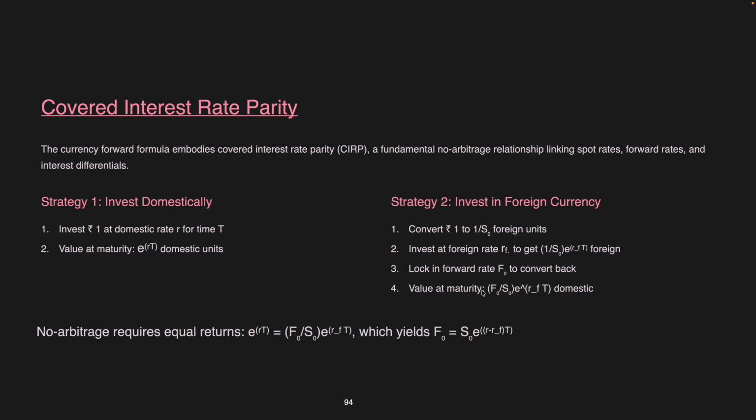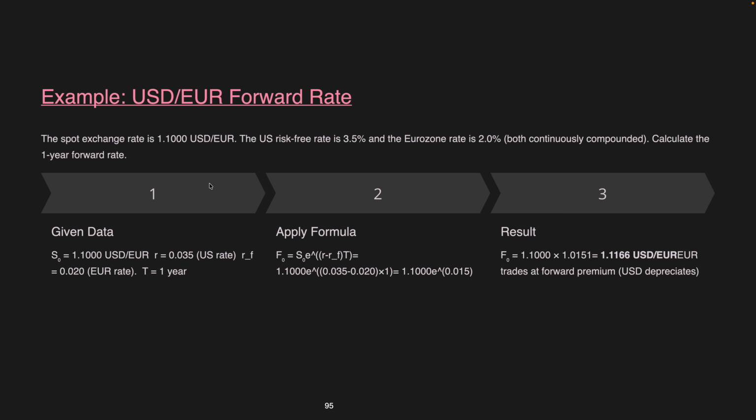So the value at maturity will be F0 divided by S0 into e to the power of RF into T, in domestic currency. The no arbitrage condition requires that these two should be equal, that is, e to the power of RT should be equal to F0 by S0 into e to the power of RF into T. This will yield you the same equation which we have just discussed.